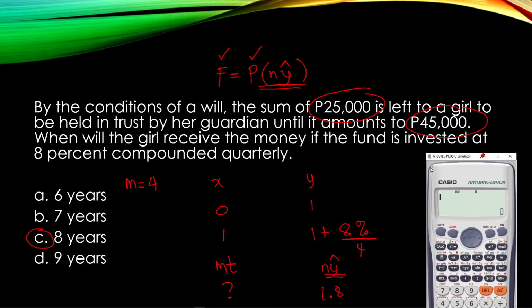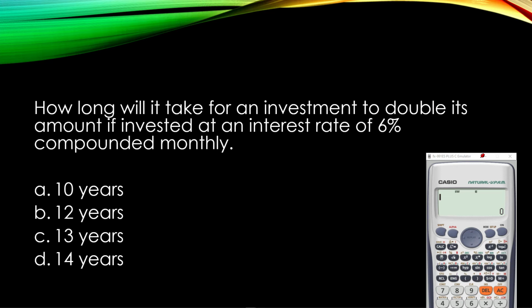Okay, next problem. Okay, for the next problem, we have: how long will it take for an investment to double its amount if invested at an interest rate of 6% compounded monthly? Okay, so same solution. Same problem kanina. Yung hinahanap sa atin is yung years or yung time natin.